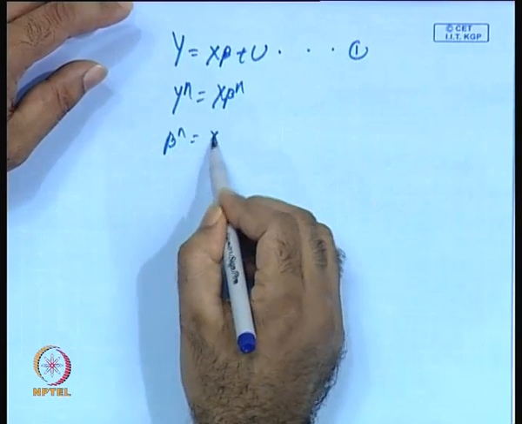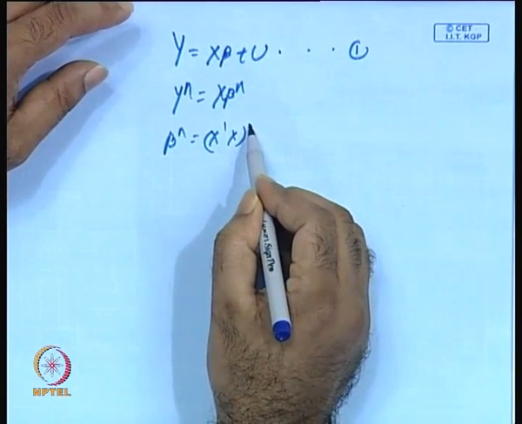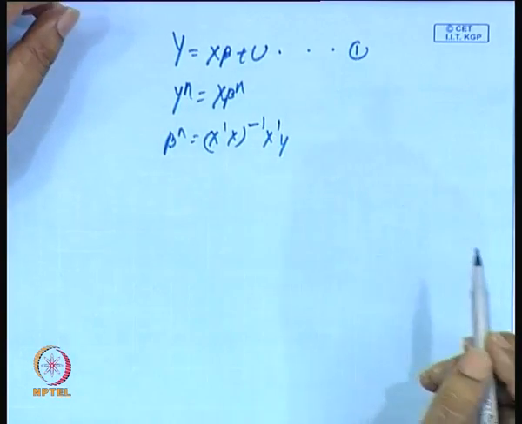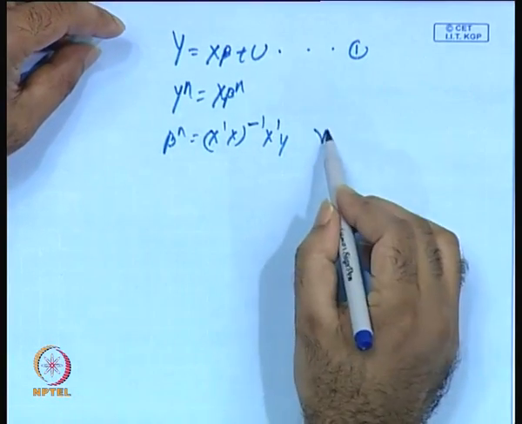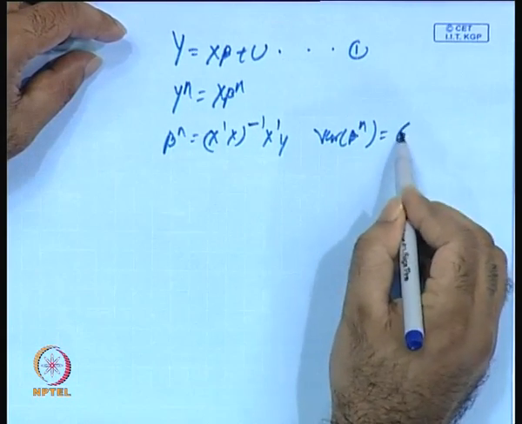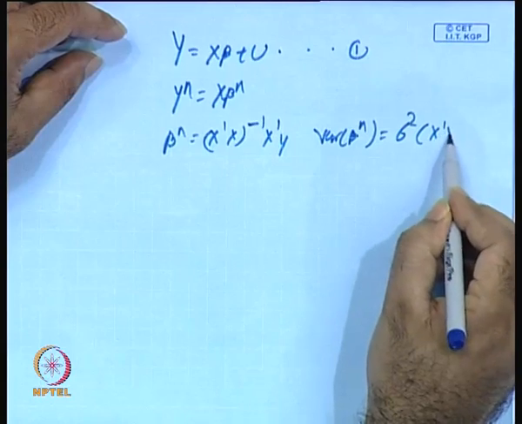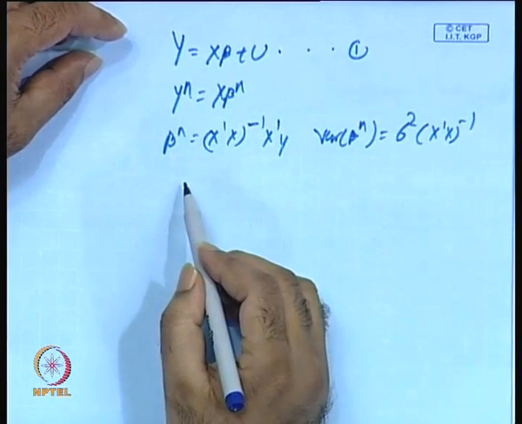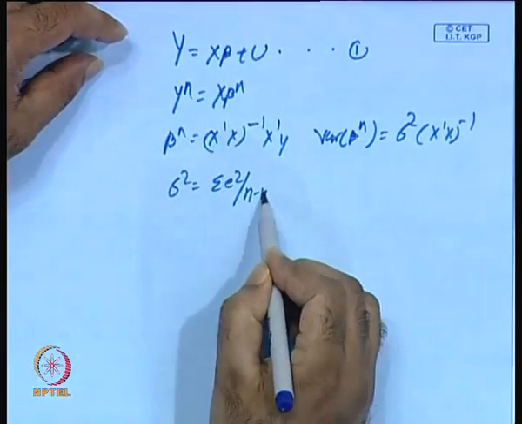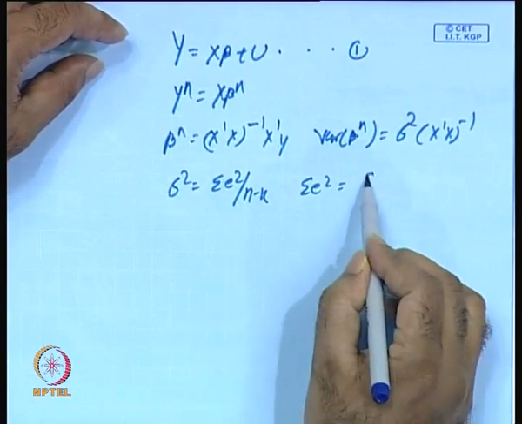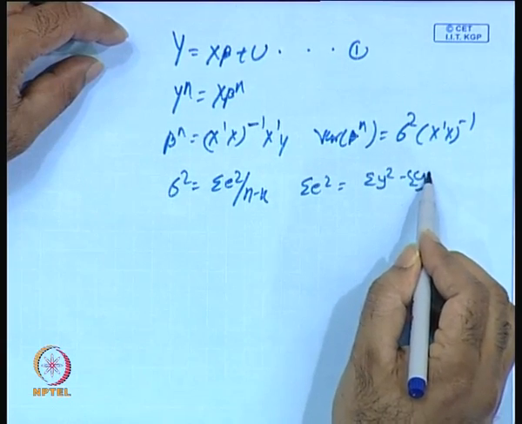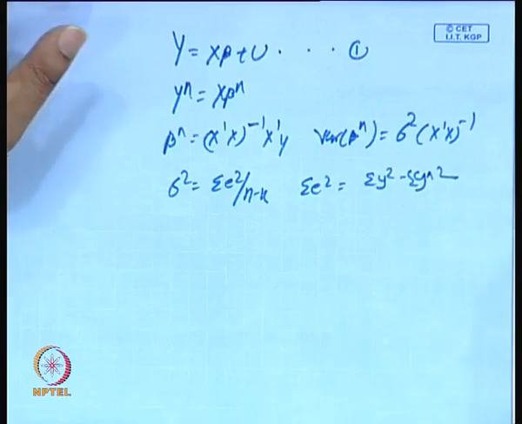Beta hat = (X transpose X) inverse X transpose Y. The variance of beta hat is sigma square (X transpose X) inverse. Then sigma square = summation e square divided by n minus k, where summation e square = summation y square minus summation y hat squared. This is how you have to proceed.